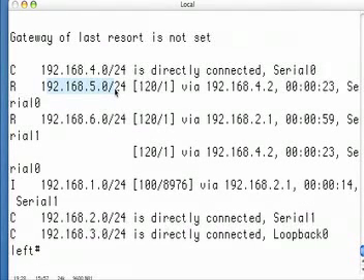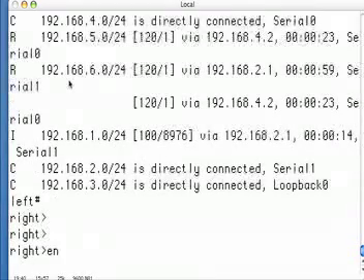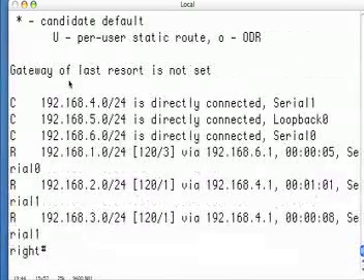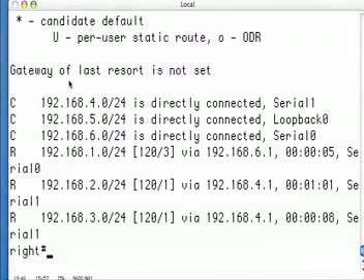Let's go to the right router, which is still a purely RIP router. Show IP route. Now it only has RIP routes.